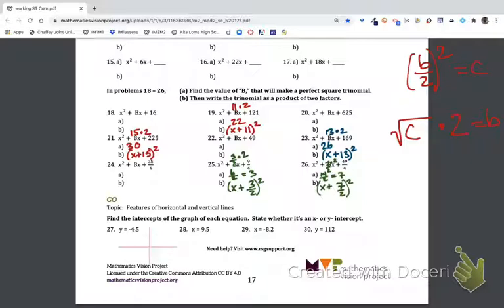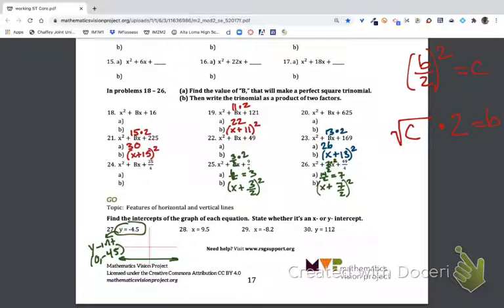You can say that negative 4.5 is going to be all the way down here this whole time. So the y-intercept will be at 0, negative 4.5. That should tell you everything you need to know. The y-intercept is at 0, negative 4.5.